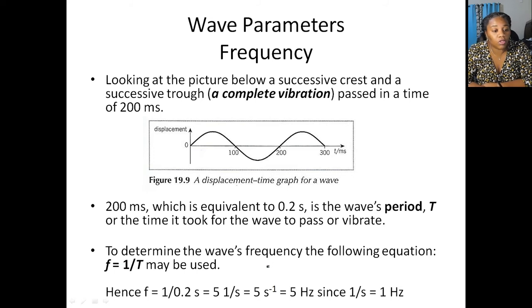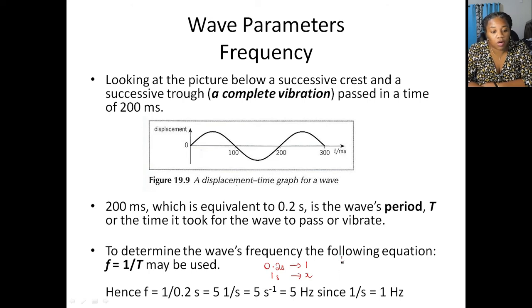So we know that in 0.2 seconds we had 1 wave. So we want to know how many waves would pass in 1 second. And you just simply transpose. You could use this, you could use this.